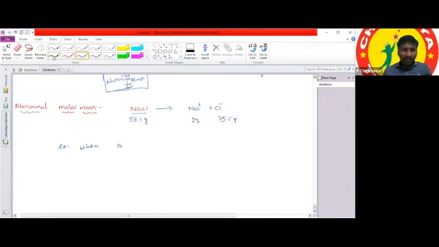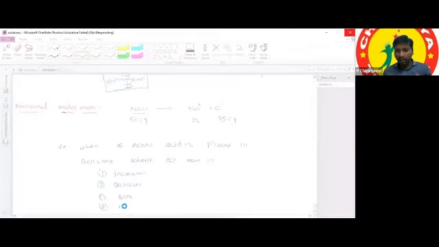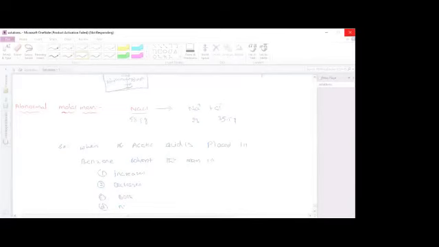When acetic acid is placed in benzene solvent, the mass is: option A, increases; option B, decreases; option C, both; option D, none of the above. Increases.